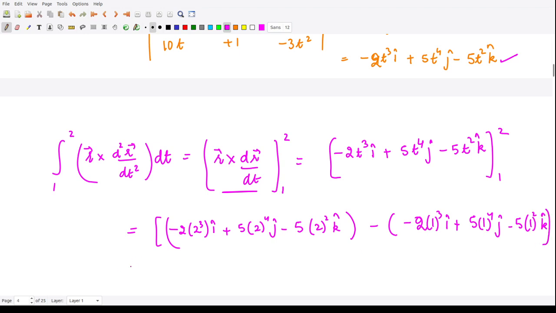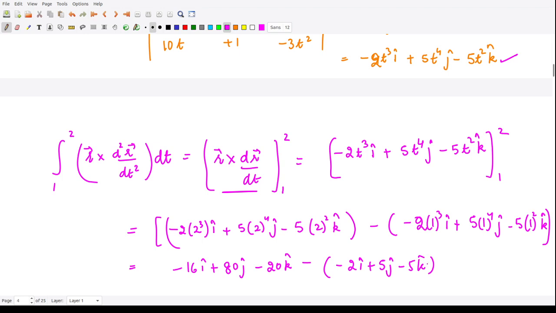So this becomes equal to minus 16 i cap plus 16 into 5, that is 80 j cap, and 4 into 5, that is minus 20 k cap, minus another vector, minus 2 i cap plus 5 j cap minus 5 k cap.